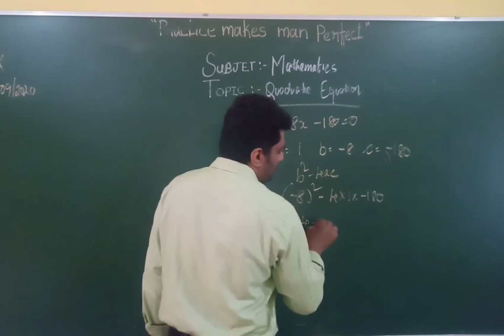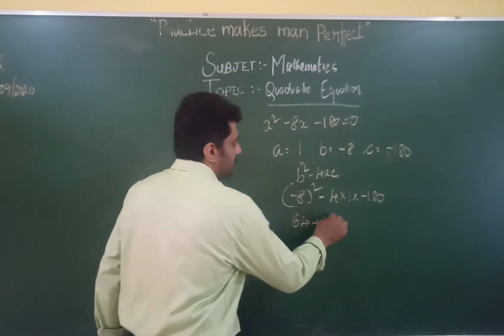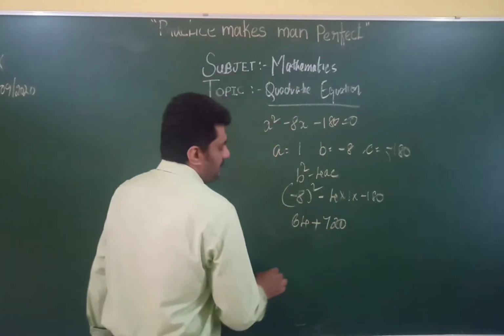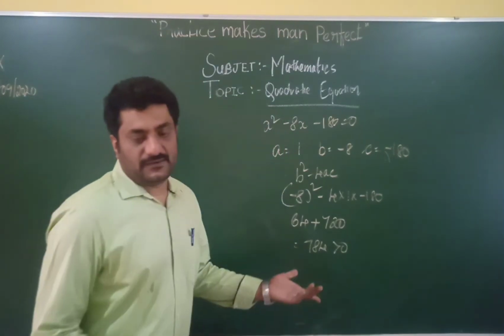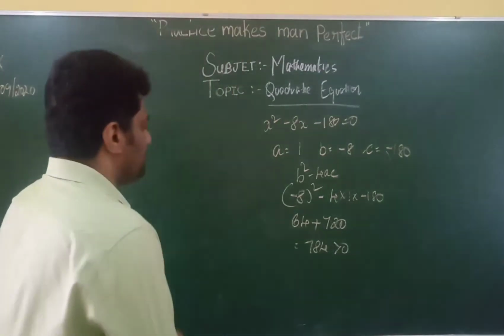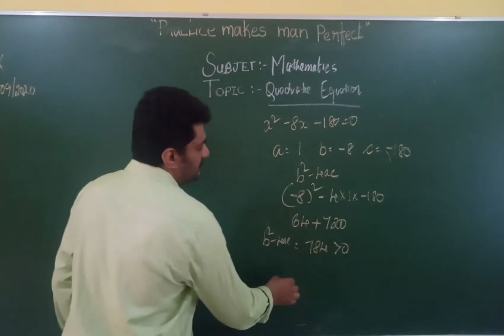Minus into minus becomes plus. Now 18 fours is how much? It is 720, which comes to 784, which is greater than 0. Now we know this is the value of b square minus 4ac. Remember this value.